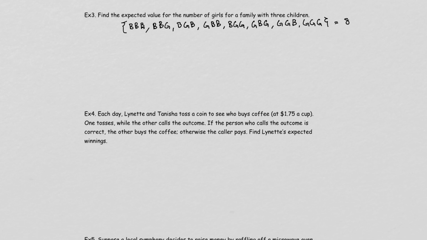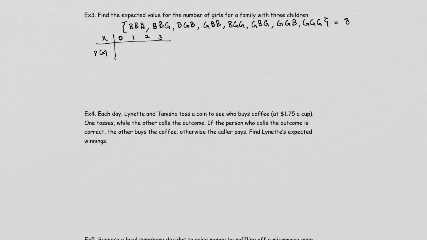So that's the sample space you have, a total of 8, right? If we wanted to draw the distribution chart, you have X for the number of girls. We can have 0 girls, 1 girl, 2 girls, and 3 girls.